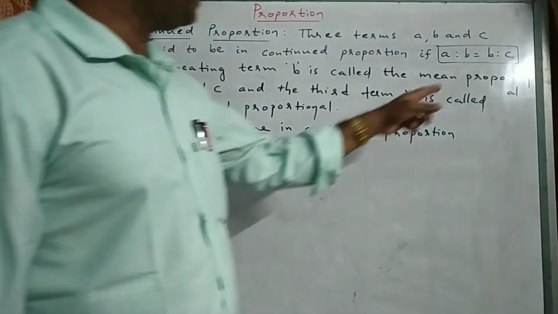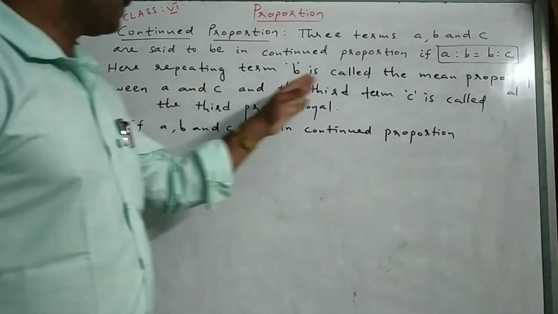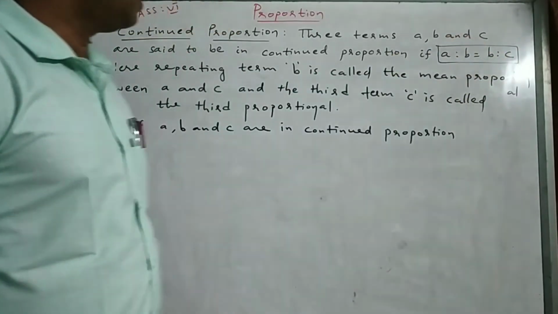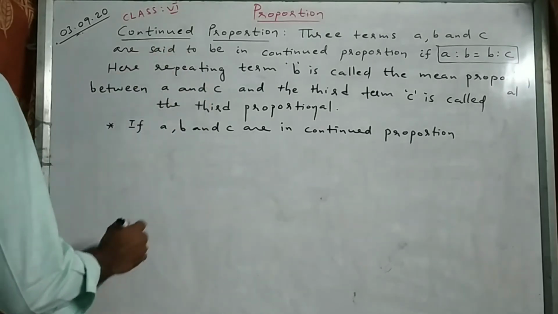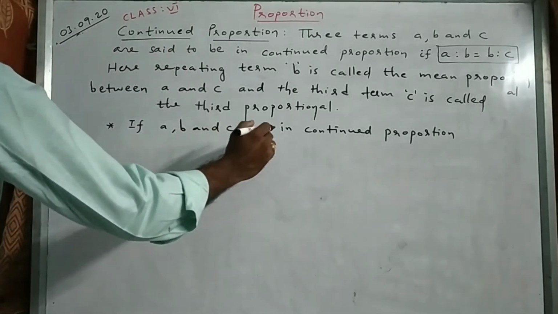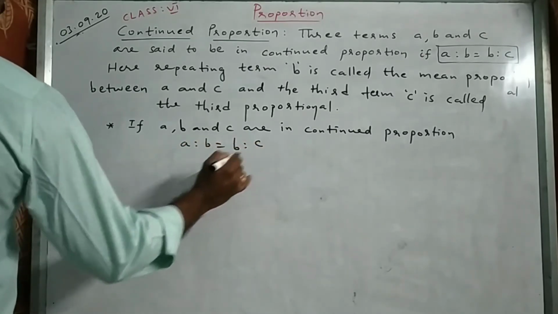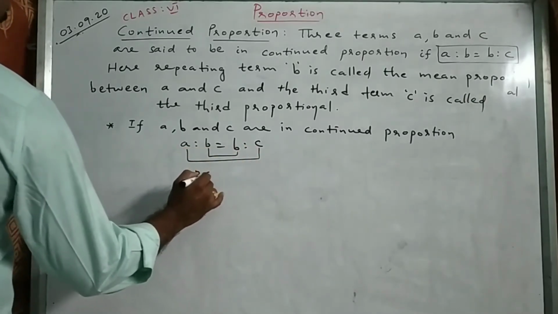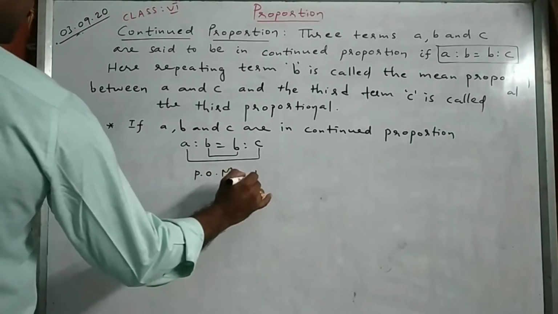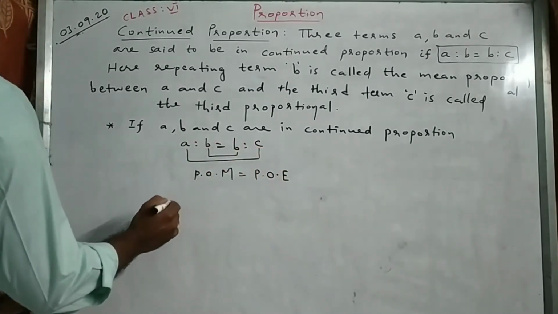Here what is repeating? That B is called the mean proportional between A and C, and the third term C is called the third proportional. If A, B and C are in continued proportion, I can write A is to B equal to B is to C. You can take product of means equal to product of extremes, because of the equality of 2 ratios.